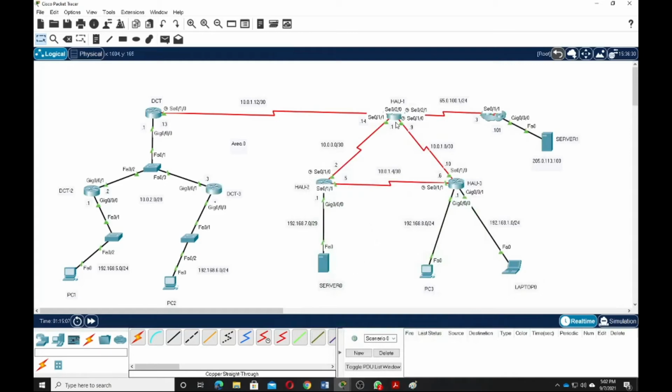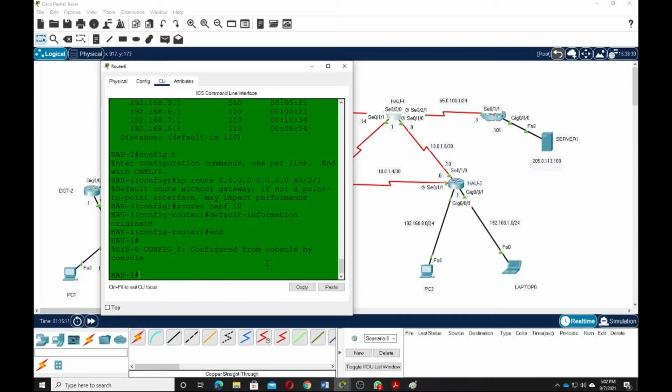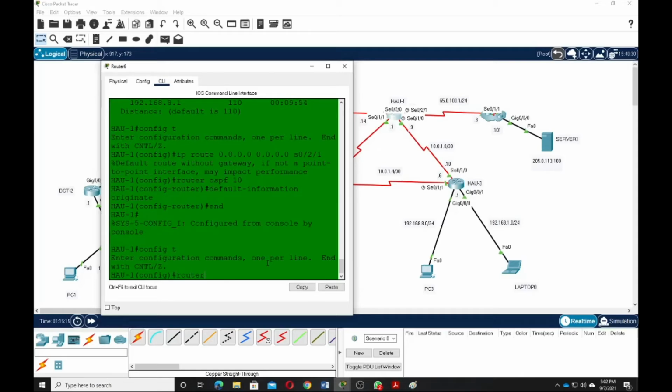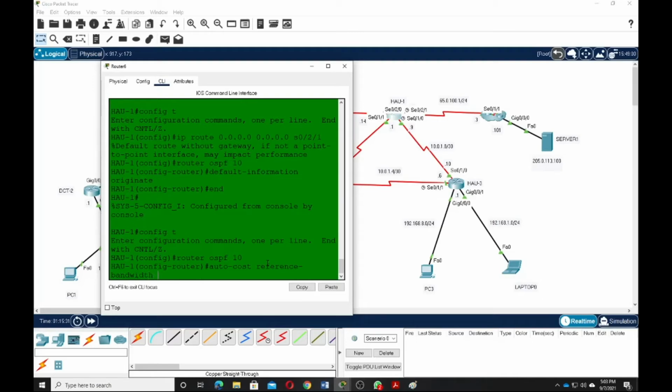Okay, and then we need to configure also here. Config the router OSPF 10, auto-cost reference-bandwidth 10,000.